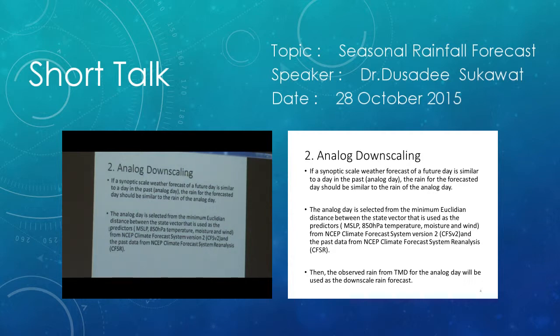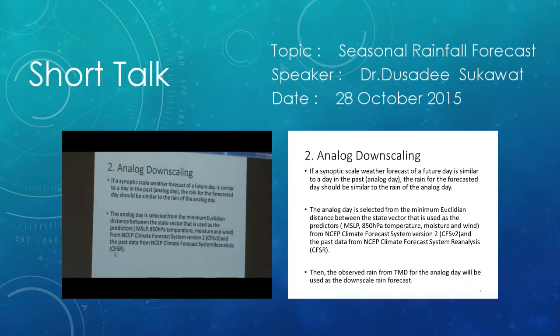We need data from the past, so I also use data from the NCEP Climate Forecast System, but this is the archive of climatological data. So we use the forecast from CFS-V2 and find the analog day from CFS-SR.